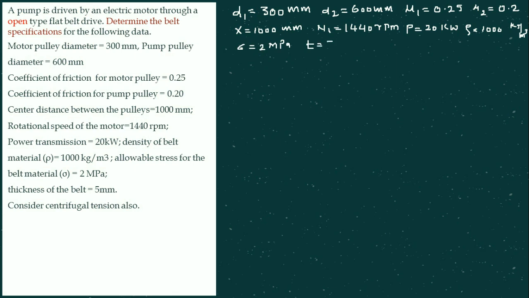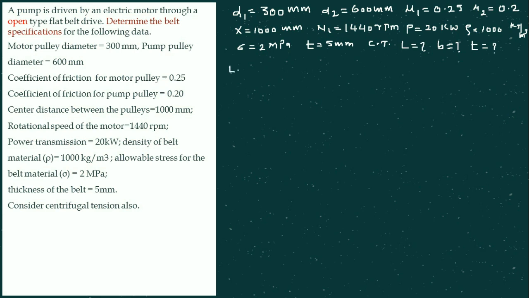Then the thickness of the belt is given, that is T is equal to 500 mm, and we need to consider the centrifugal tension. So what we require to find out is the length of the belt, width of the belt, and thickness of the belt.